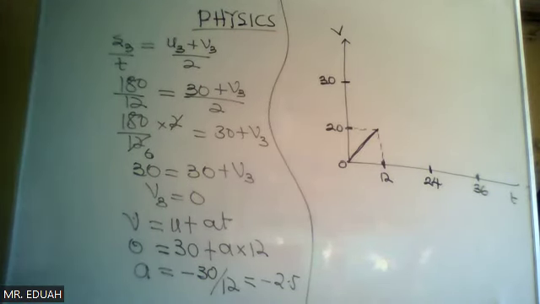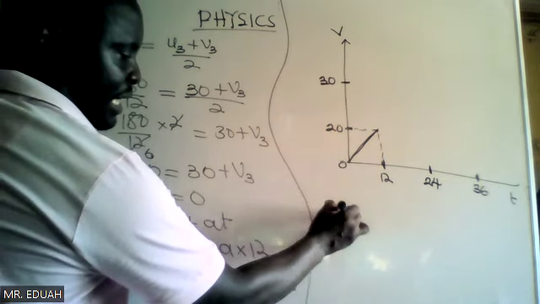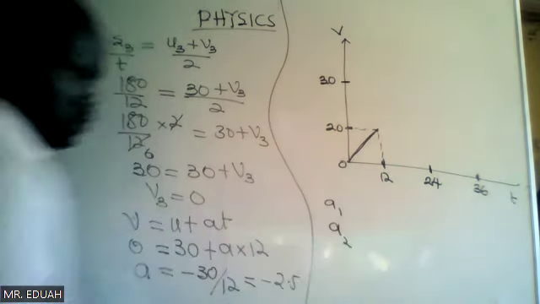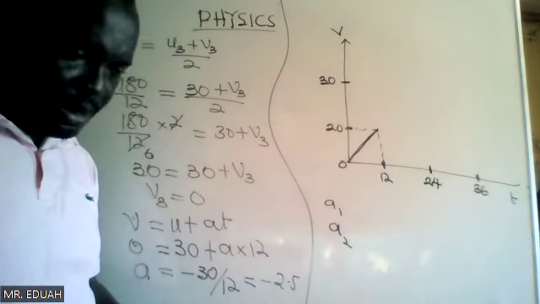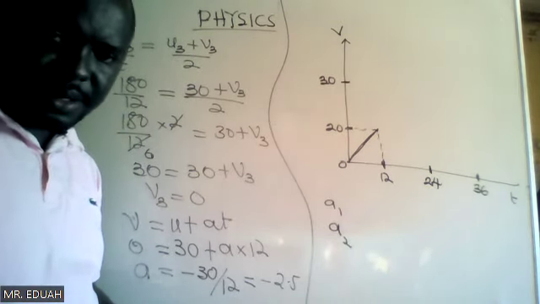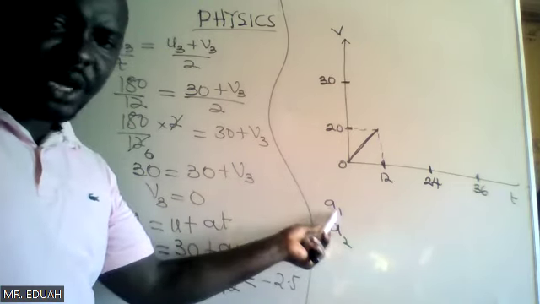Then from there, the body was also uniformly accelerated. What is that value we had for A1? And what did we get for A2? Class, what did we get for A1?